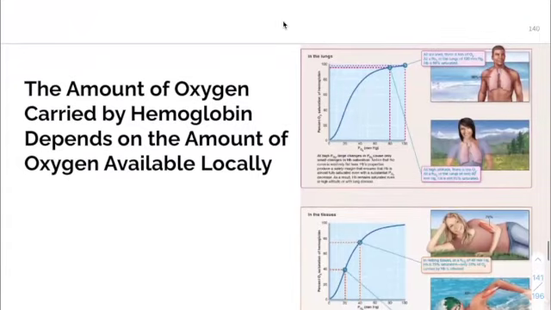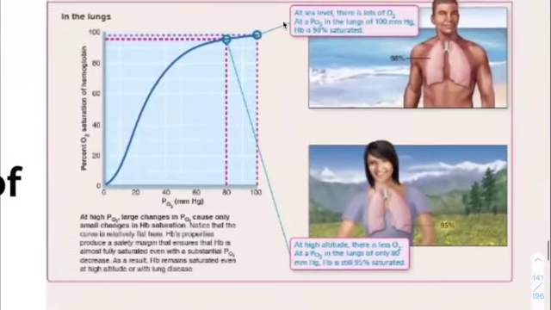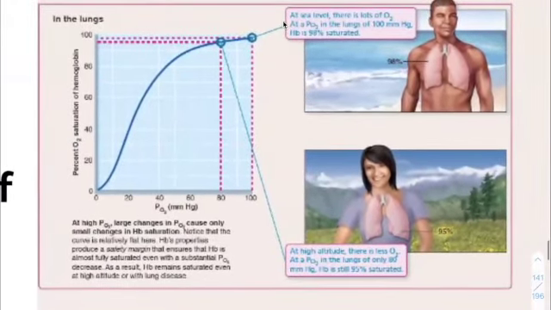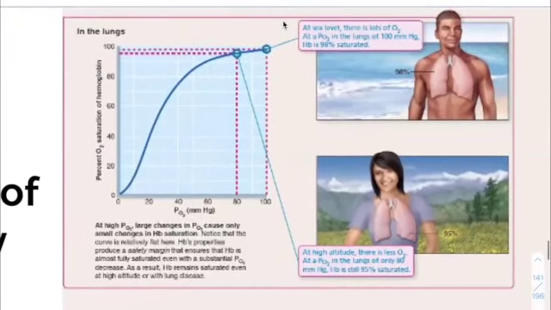So here's that same picture again. This first picture is showing at sea level versus at high altitude. What the pressure is of oxygen and how saturated the hemoglobin is.